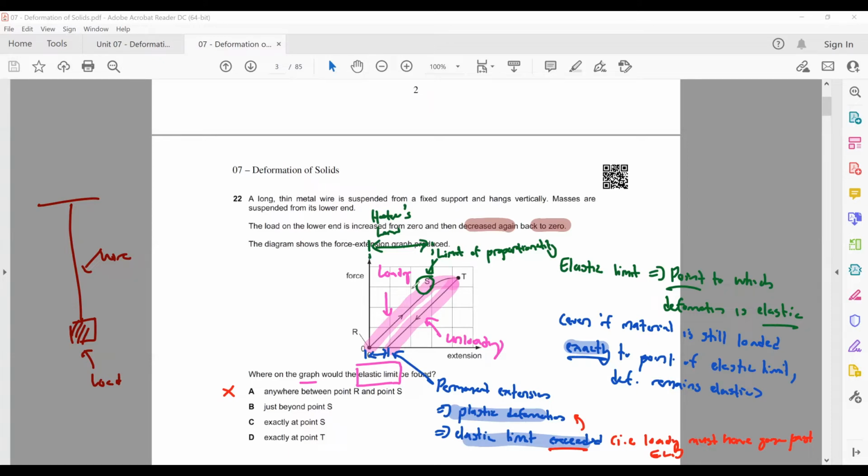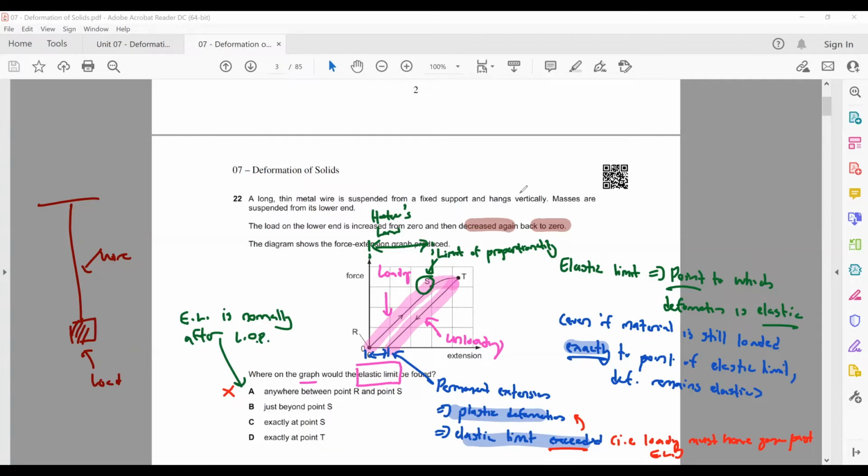So anywhere between R and S is not sensible. Normally, your elastic limit should be after your limit of proportionality. Maybe I should write it here. EL is normally after limit of proportionality. So that one is out.